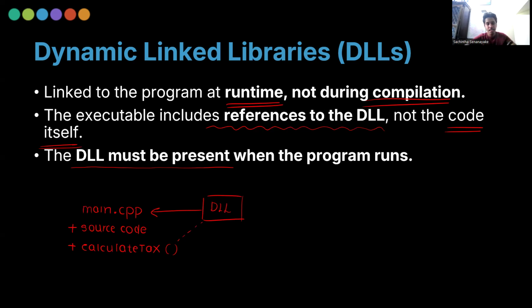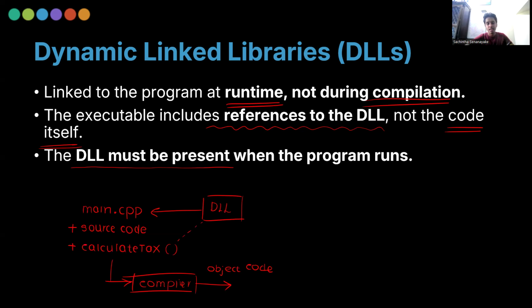Now what happens here is, as usual, main.cpp is compiled through a compiler, right? And what you produce is object code. But the thing is, this object code right now has no reference to the calculate tax function by itself.